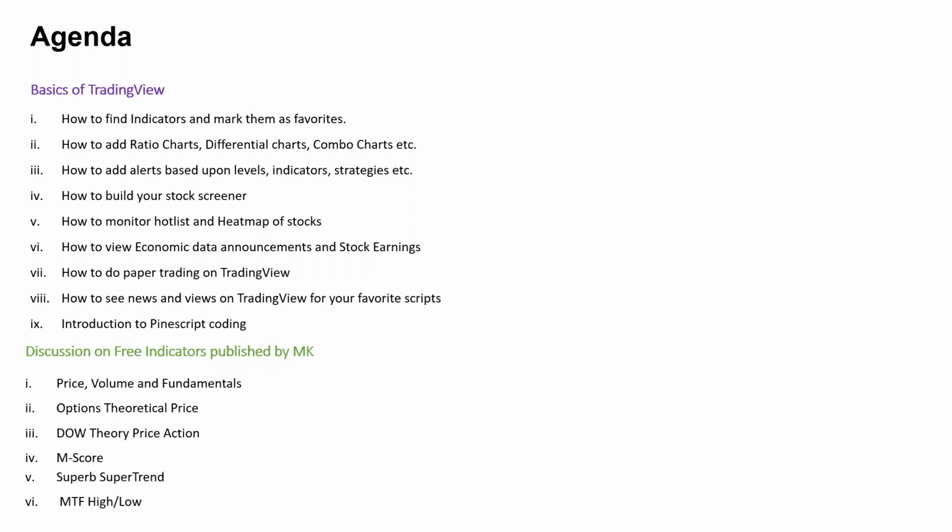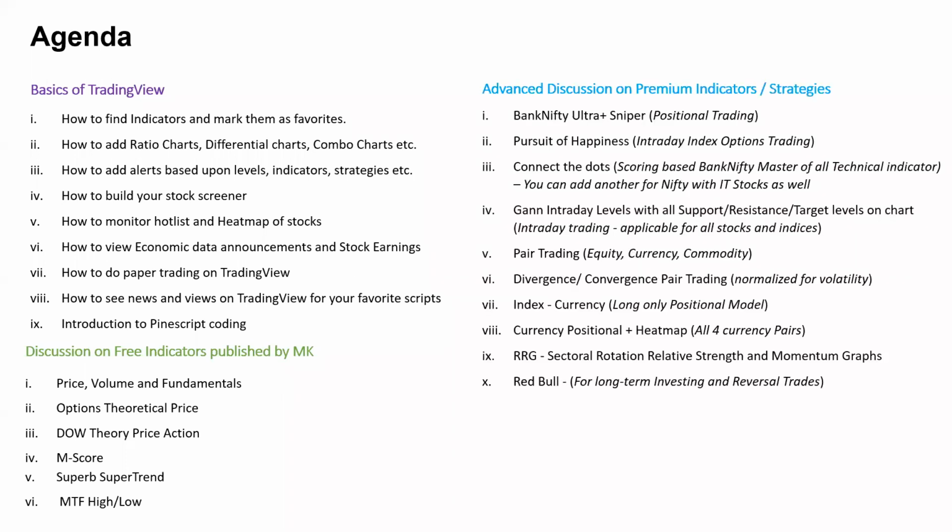On top of that, I built a lot of things, taking inputs from the FFE group members themselves. Similarly, these indicators are free because they have been developed by picking concepts from the open source market. Then there is an advanced discussion planned for the premium indicators and strategies.